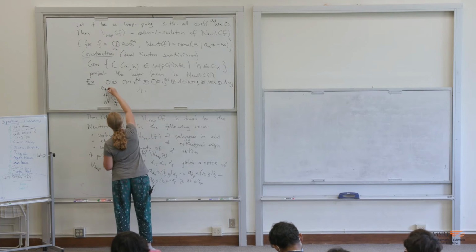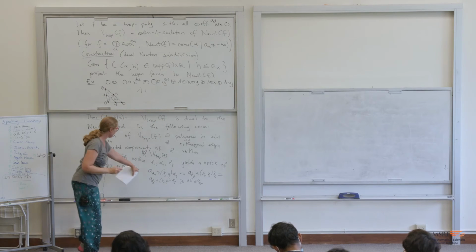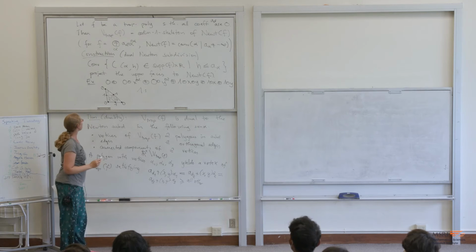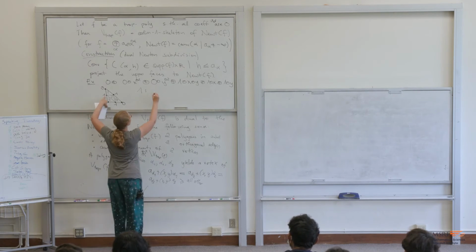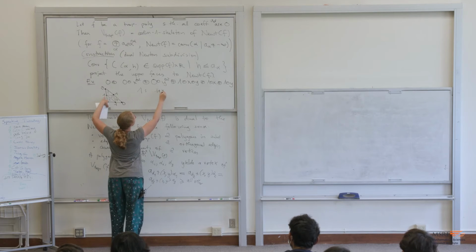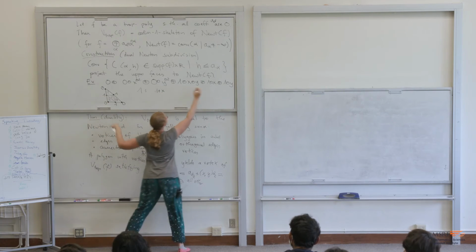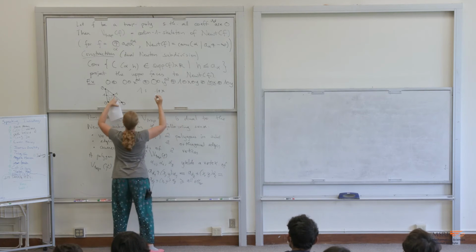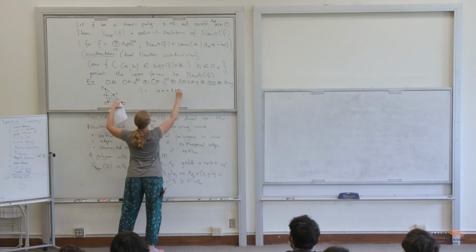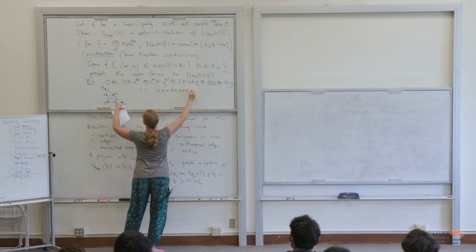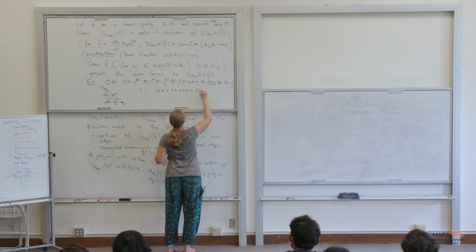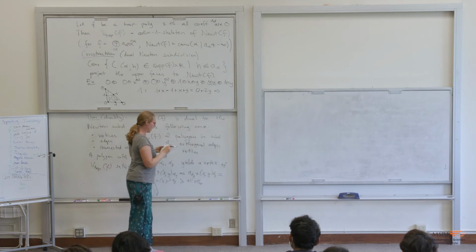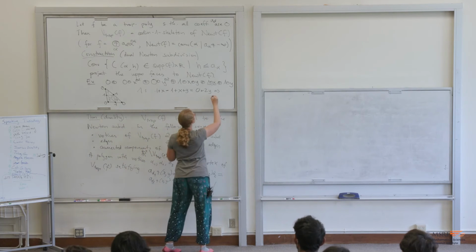I have 3 vertices, so I need to set the terms corresponding to those 3 vertices equal. What are the terms? This was the term 1 plus x, written in the usual way. This was the term 1 plus x plus y. And this was the term 0 plus 2y. So we solve for x and y, and what do we obtain?